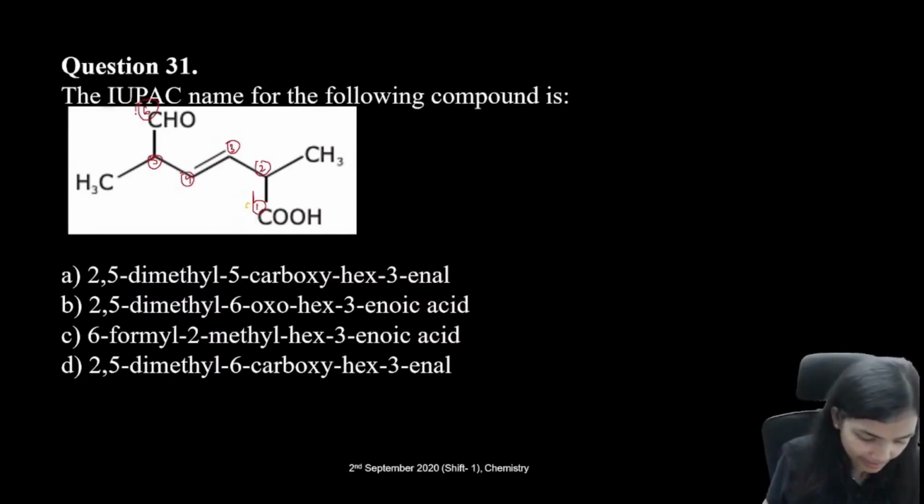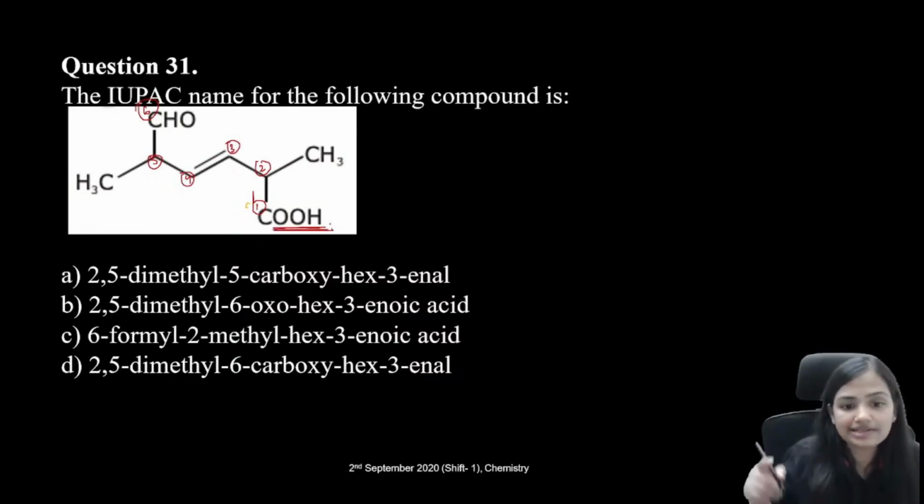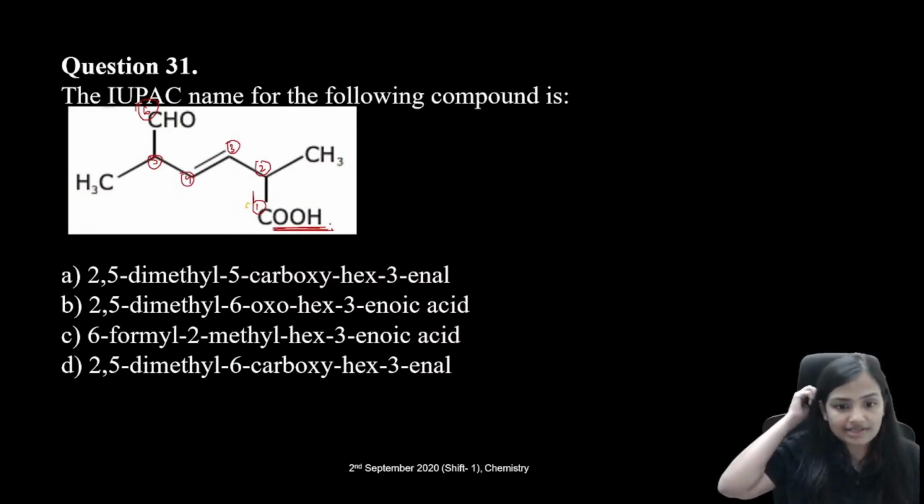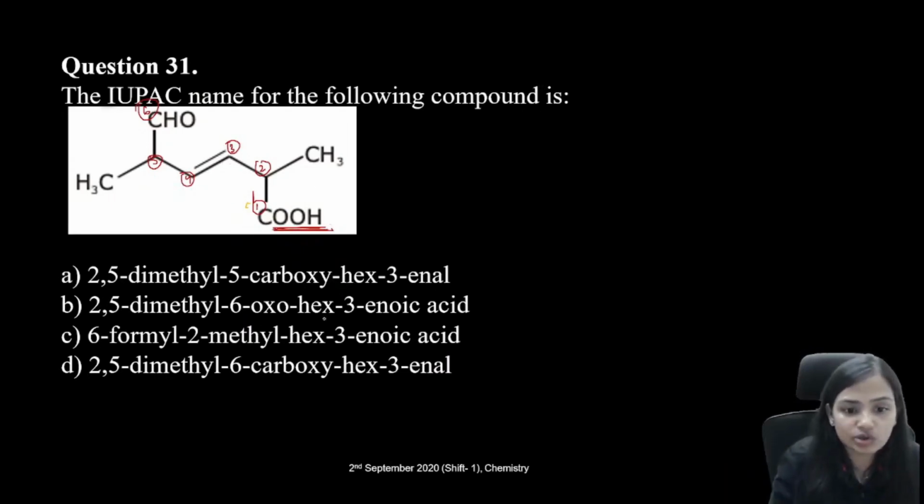Now solve it. So this is your highest priority group, that is 1-oic acid, then 3-enoic acid, hex-3-enoic acid. This cannot be enol. This is 2 methyl or 6 oxo.